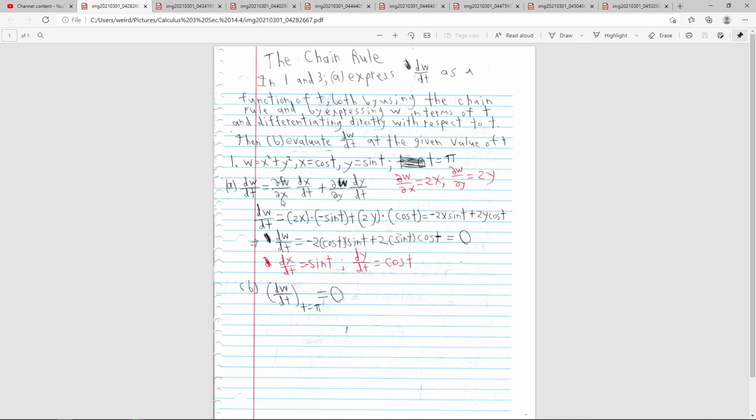So dw/dt is equal to dw/dx times dx/dt plus dw/dy times dy/dt. So dw/dx is 2x and dw/dy is just 2y. It's a very simple function, as its derivatives go like that. And dx/dt is negative sine t and dy/dt is cosine t.